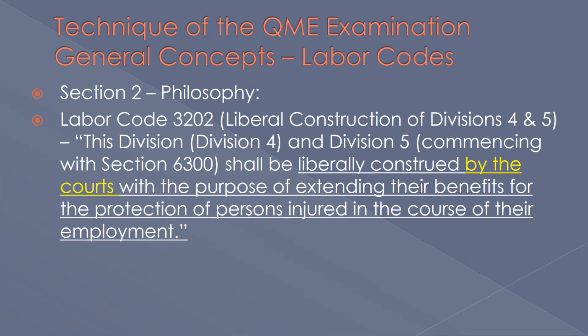So it says all of these codes from 3200 all the way to 7997 shall be liberally construed by the courts with the purpose of extending their benefits for the protection of persons injured in the course of their employment.